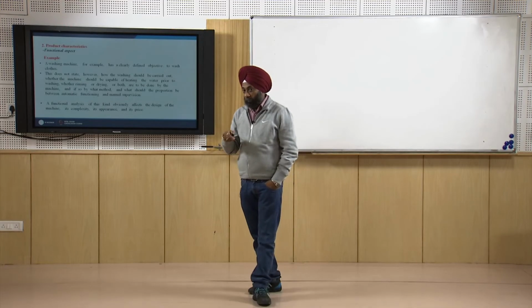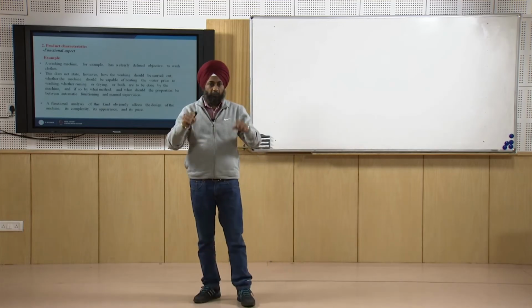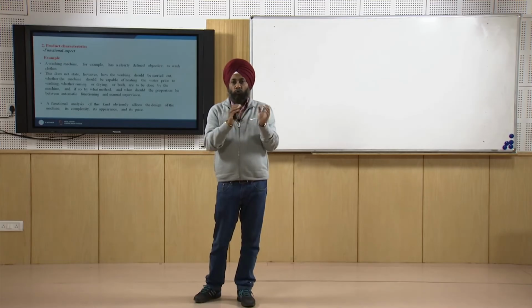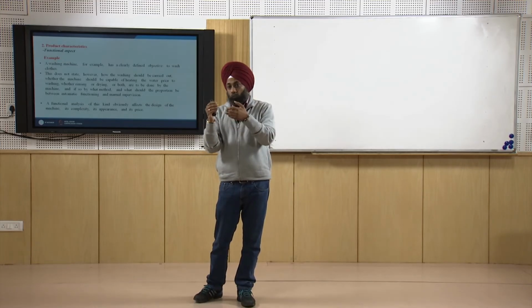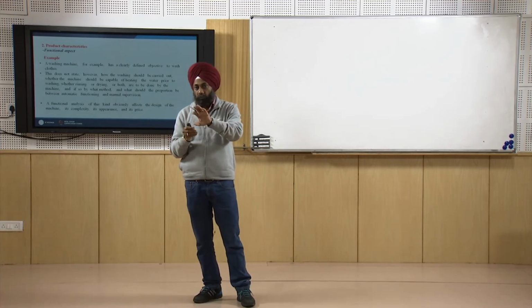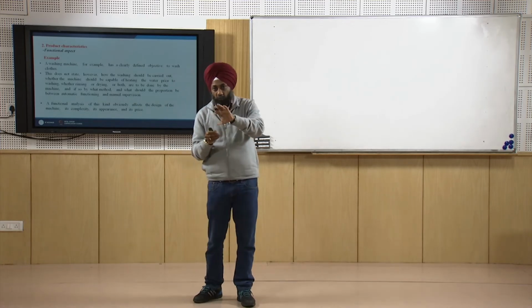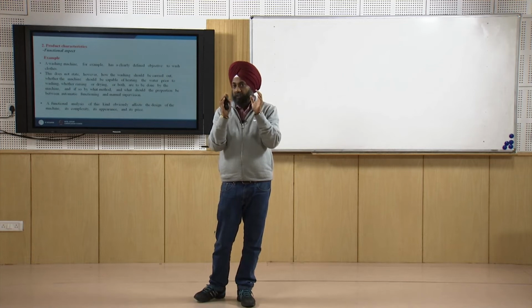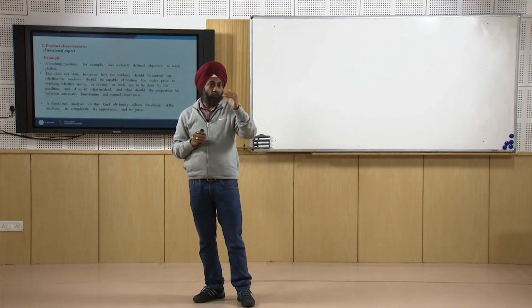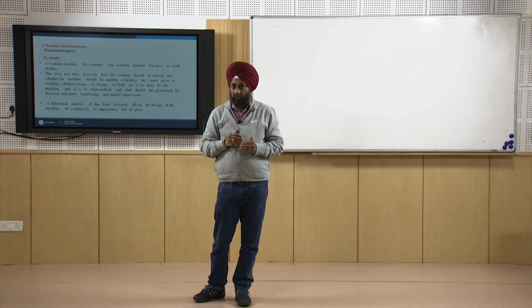So what we need to understand here is that the broad functional definition of a washing machine is to wash clothes. But how to wash clothes, whether using hot water or cold water or a combination of both, whether automatic, semi-automatic. So the functional definition of a product is very important, because it will lead to the design of the product in the subsequent stages.